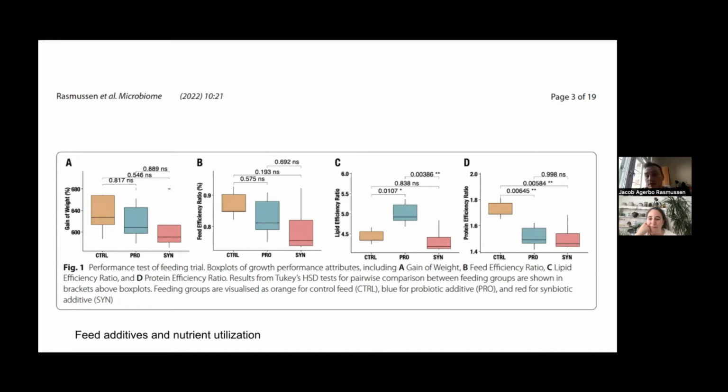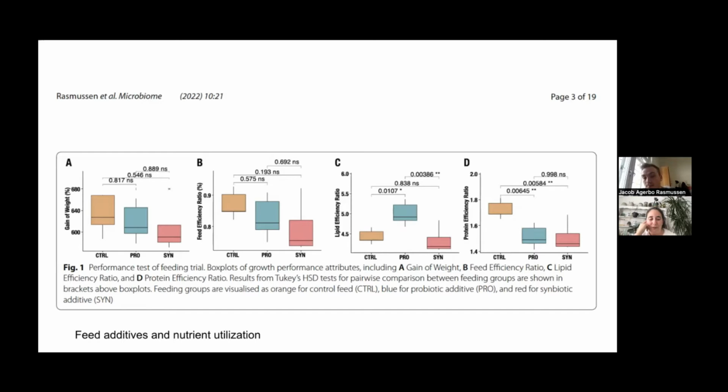It could seem like if you add a bacteria, then you can modulate the nutrient uptake of the rainbow trout. Yeah. Though this has no significant effect on the growth weight.